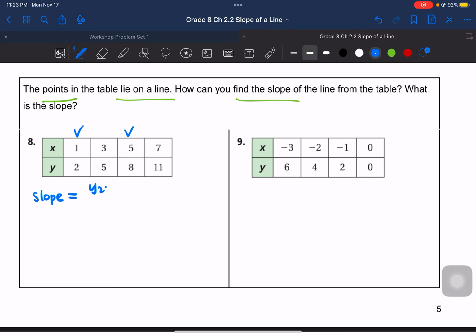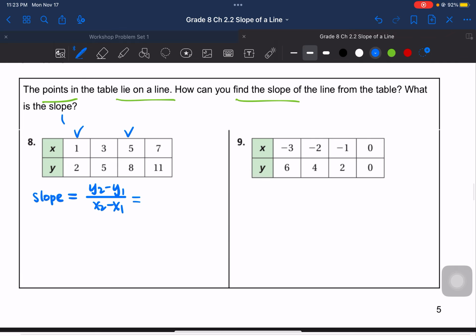So let's do y2 minus y1 over x2 minus x1. So my x1, y1 is 1, 2, and my x2, y2 is 5, 8.